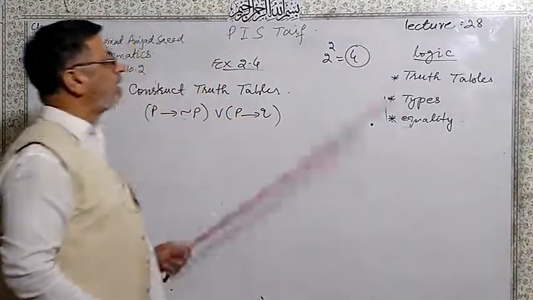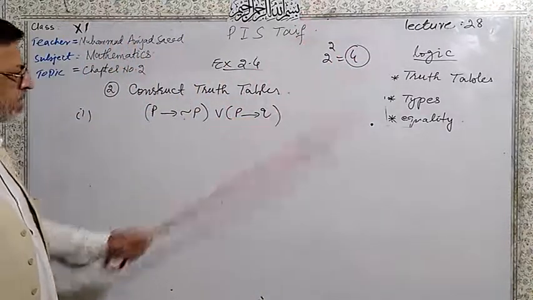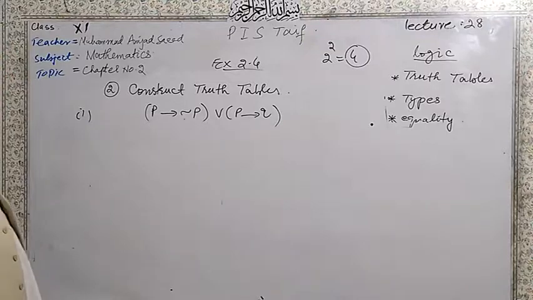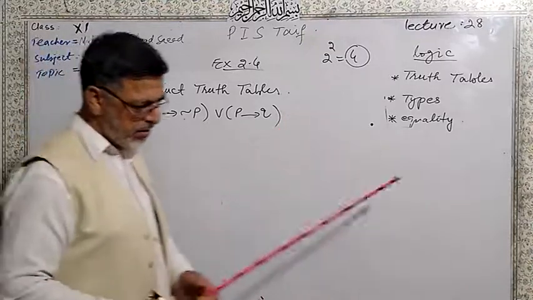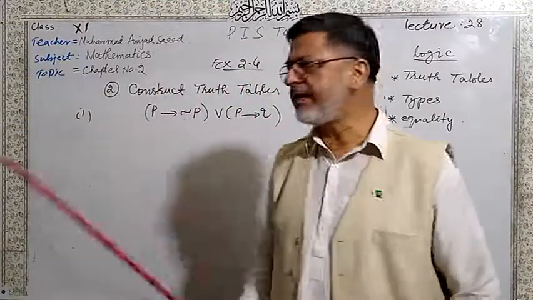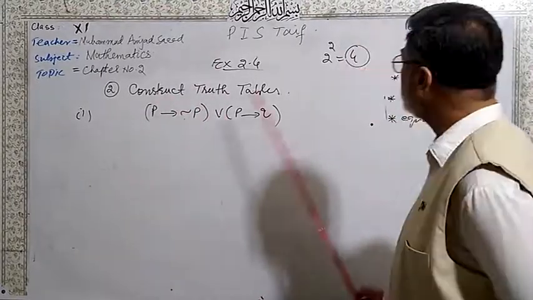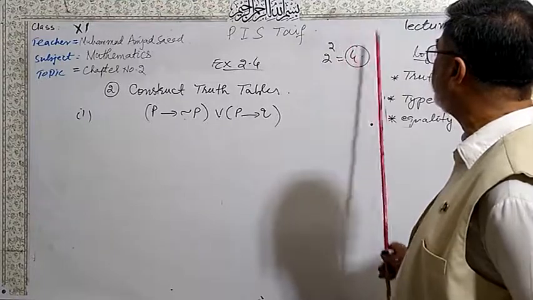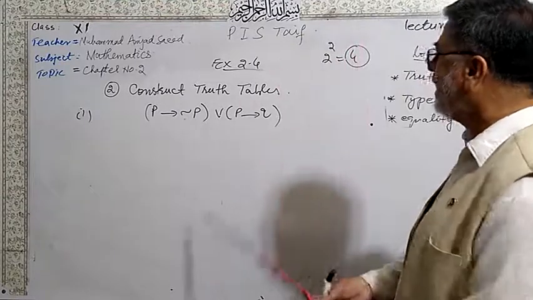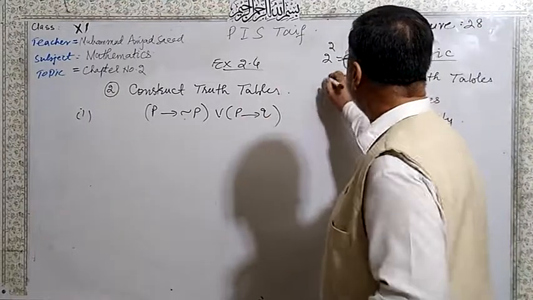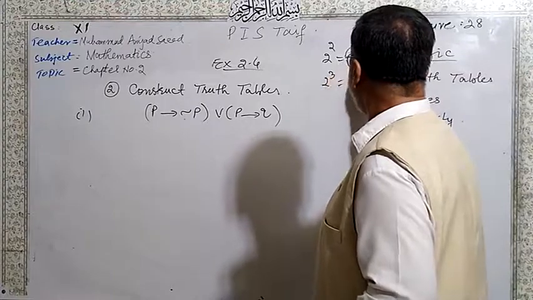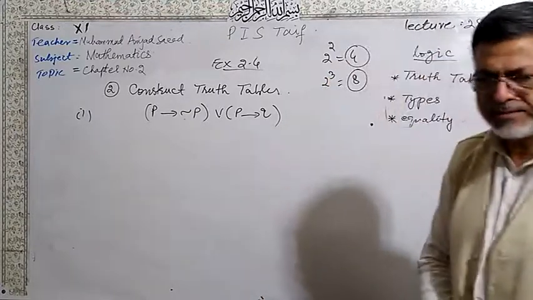There are total 4 options in logic. If you have 3 options, 2 power 3 is equal to 8. Total options will be 8.